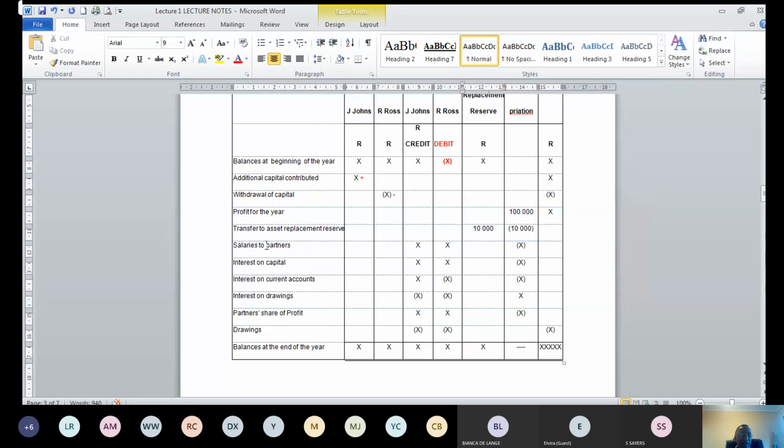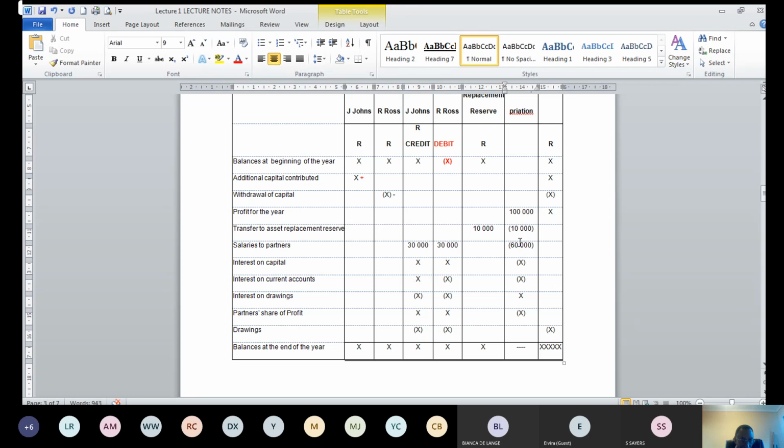If the partnership agreement stipulates that the partners must get salaries, say 30,000 Rand for the year, I transfer my 30,000 to the one partner. I transfer my 30,000 Rand to the other partner. The available profit will now decrease by 60,000 Rand.